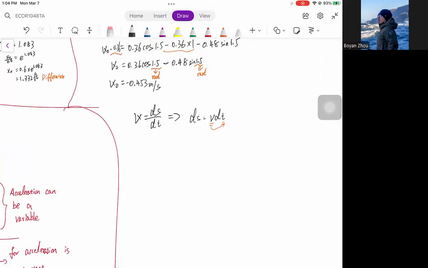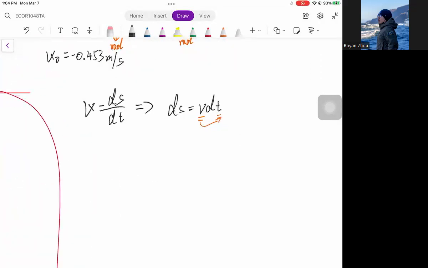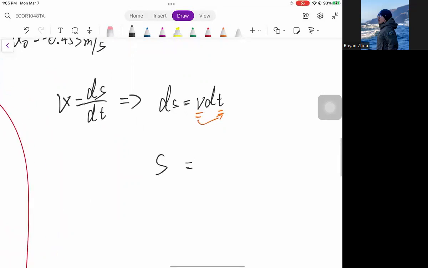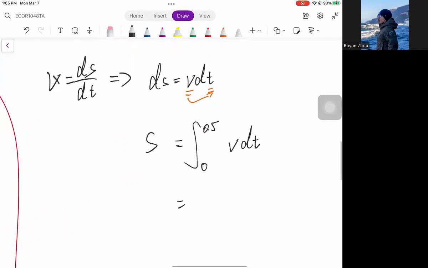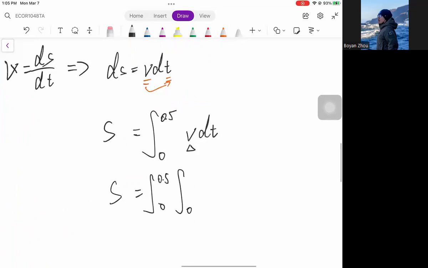We're going to use what we found previously, and then the displacement s is equal to the integral from 0 to 0.5 of v dt, because the time boundary is from 0 seconds to 0.5 seconds. The velocity v here is another function, evaluated from 0 to t.